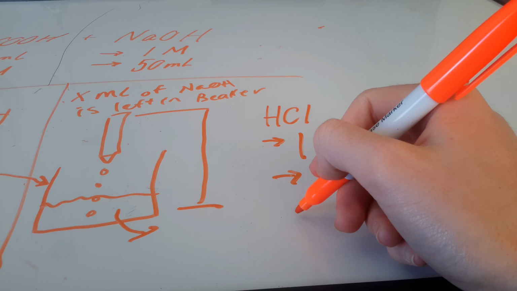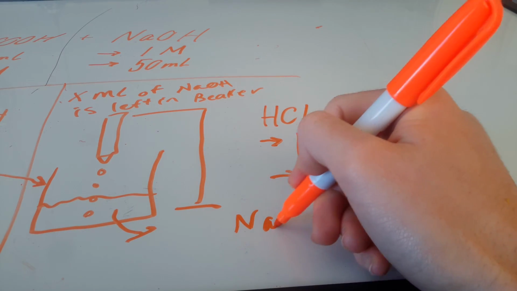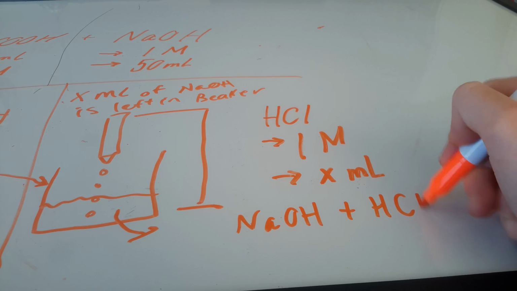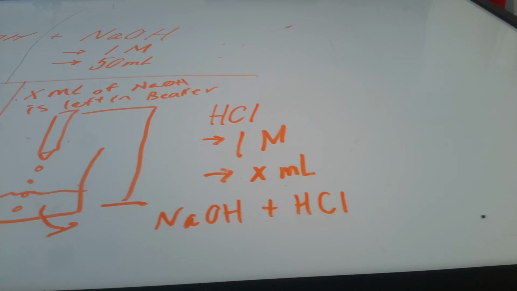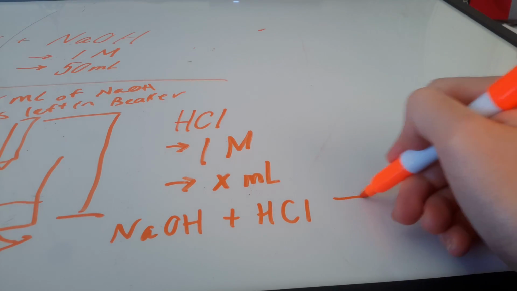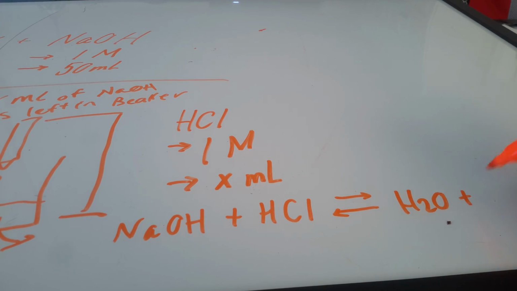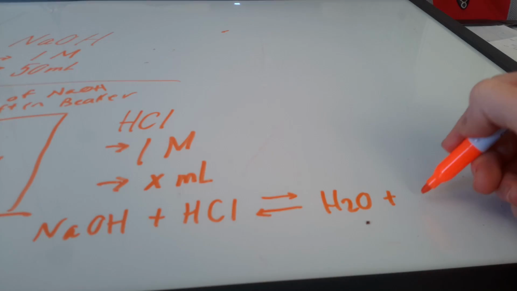So this is what the reaction is going to look like. It's going to be NaOH plus HCl, and what you're going to be left with is water and NaCl.